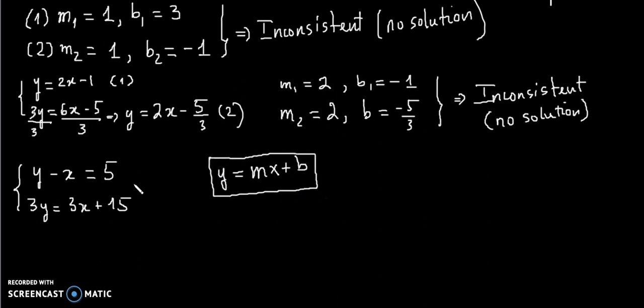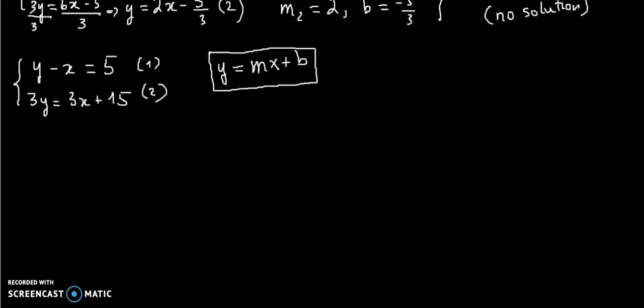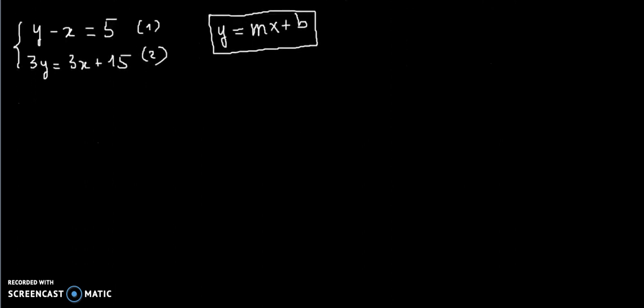If you don't see your equation written in this form, you have to transform it. You have to make it into this form. So in this case, both of my equations do not have the slope-intercept form. So I'm going to do a little bit of transformation here.